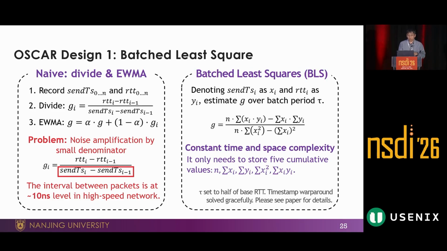This is what we do: we use batch estimation. The first idea is to fit a slope and use the slope to derive the delay gradient. The second idea is to slightly change the equation so that we can calculate it with constant time and space complexity, so we can easily implement this in the NIC.